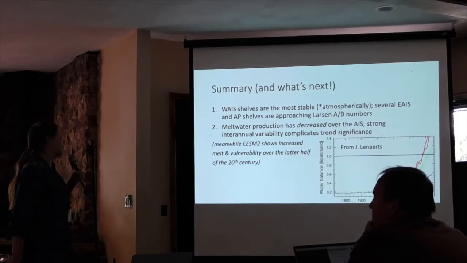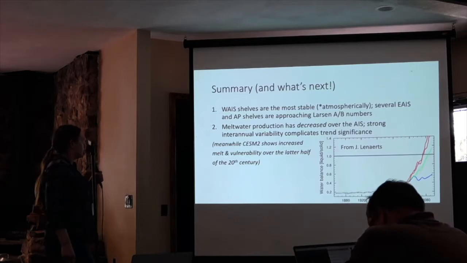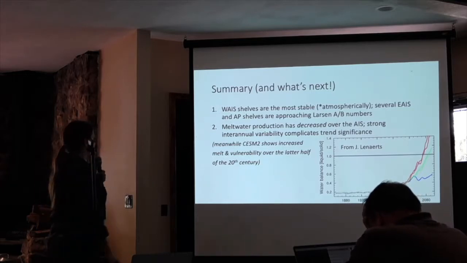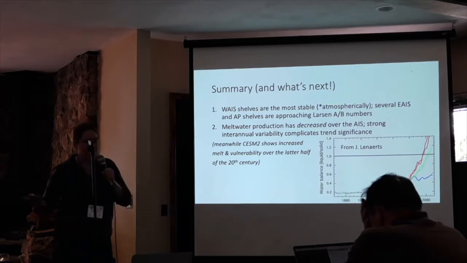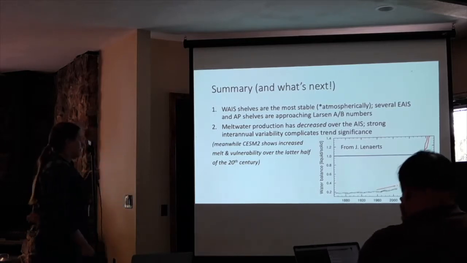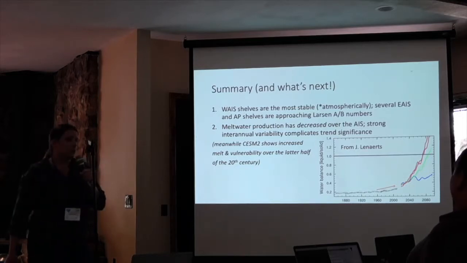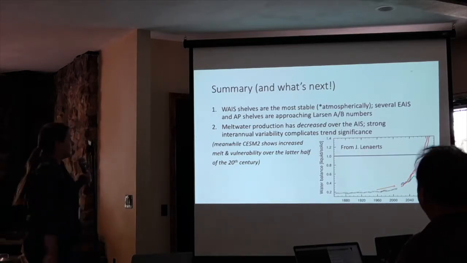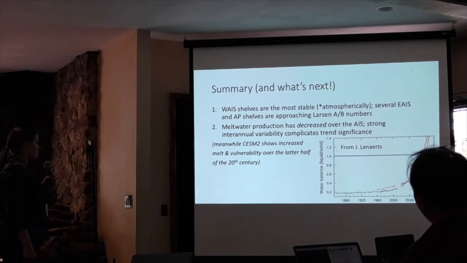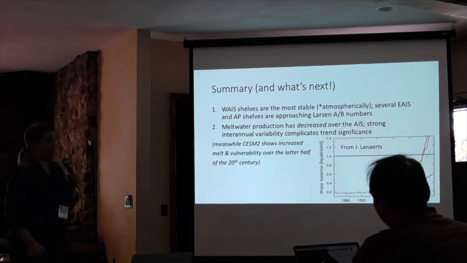And then I kind of want to side note here. This is from Jan Lenaerts. This is CSM2. The water balance is the same thing as the vulnerability index, and it's probably really hard for everyone to see, so I'll just describe it. CSM actually shows that the vulnerability index should be increasing over the same time interval that we see.